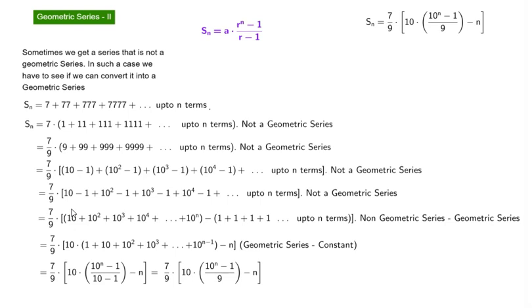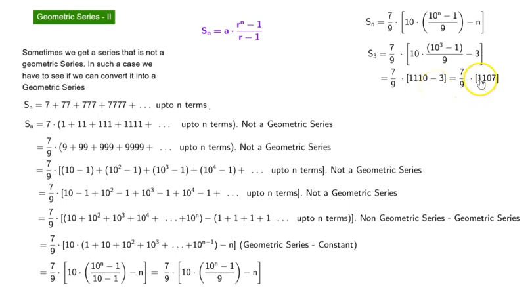Find the sum of the first 3 terms. So S sub 3 is equal to 7 by 9 times 10 to the power of 3 minus 1 by 9 minus 3. We get 7 by 9 times, 10 to the power of 3 is 1000. 1000 minus 1 is 999, divided by 9 is 111, times 10 is 1110 minus 3, which is equal to 7 by 9 times 1107.